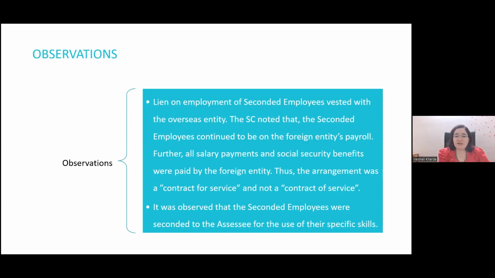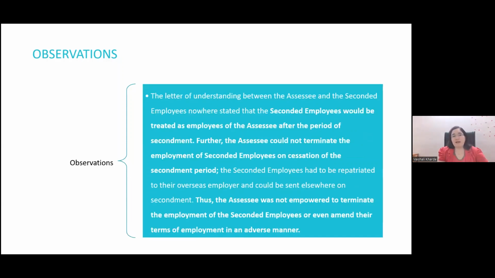The next observation is that the seconded employees were seconded to the assessee for the use of their skill. So all the employees are skilled, and for the use of that skill they are deployed by the foreign company to the Indian company.